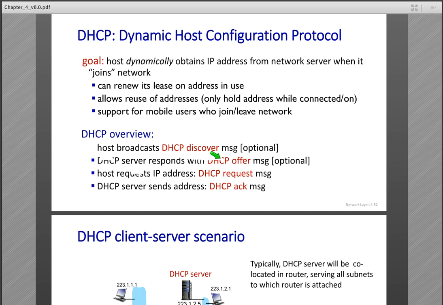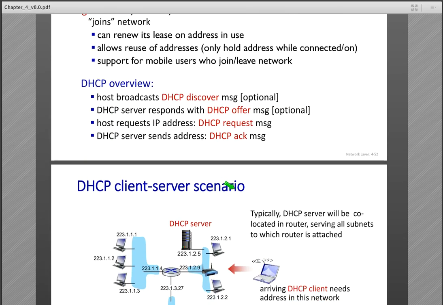Then the host requests an IP address, and finally, after the host requests an IP address, the DHCP server sends the IP address to the client, or to the user.